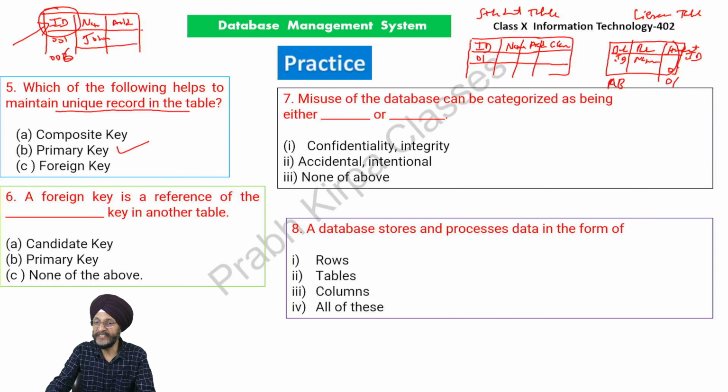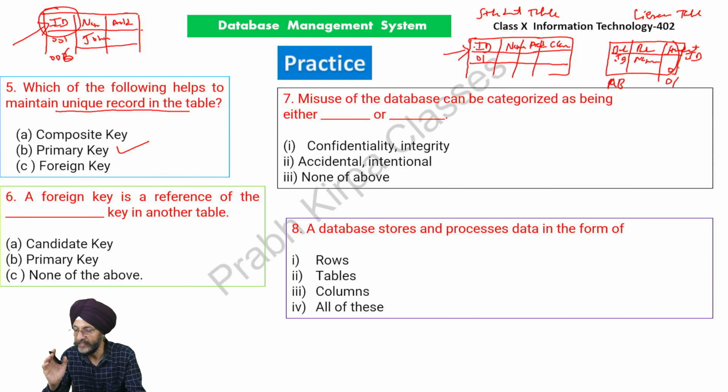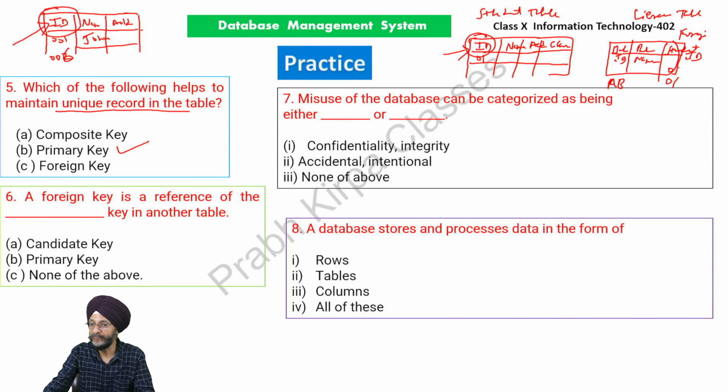So this is the main table where the ID has been allotted to the students. This is the primary key. When this primary key is taken to another table for the purpose of reference, it is the foreign key. A foreign key is a reference of primary key. Here you can find that foreign key is the reference of the primary key in another table.